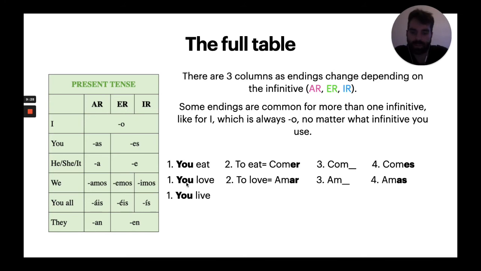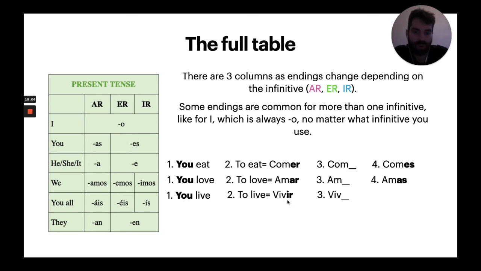Finally, let's see another one with IR ending, which is vivir. To live is vivir in Spanish. So we have to go to the 3rd column, and because it is you again, and this one is shared with the ER column, the ending for you with an IR verb, with an IR infinitive, is going to be ES.